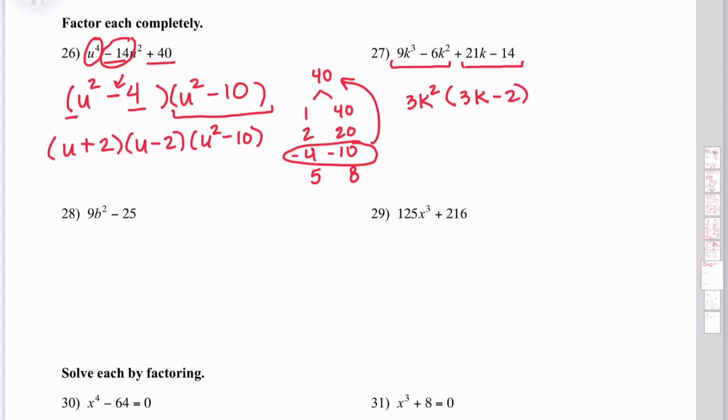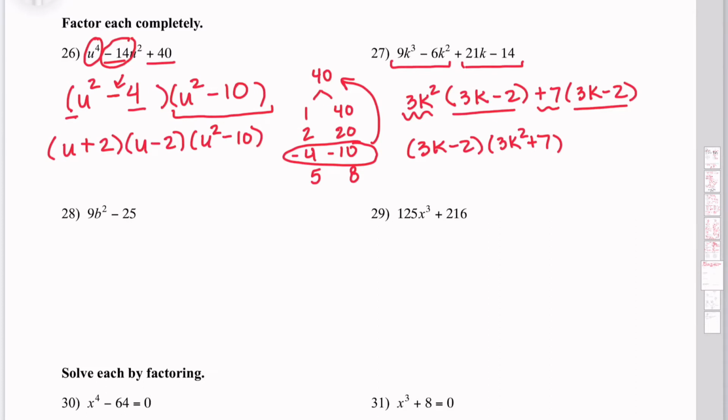And from the last two terms, we can take out a positive 7, leaving us with 3k minus 2. From this step, we can see that they have 3k minus 2 in common, so we're going to take that out and put it in its own parentheses, and in the second parentheses, we will put the terms that were left outside: 3k squared plus 7. We cannot further factor, so we're going to leave our answer just like this.